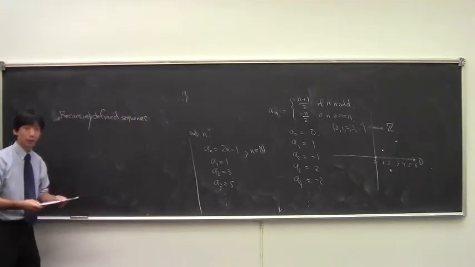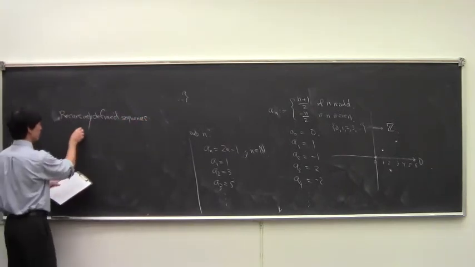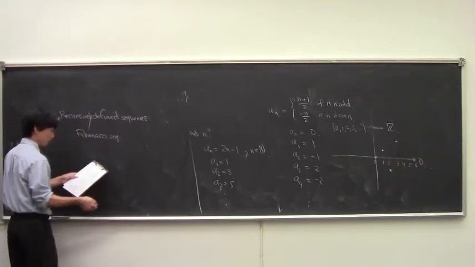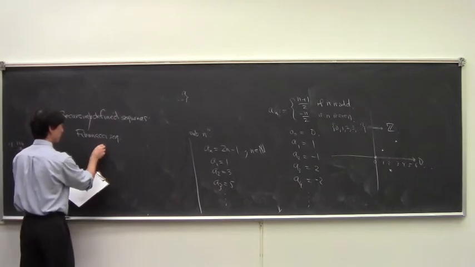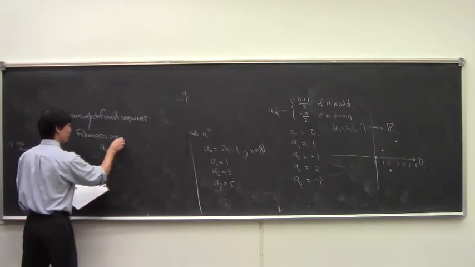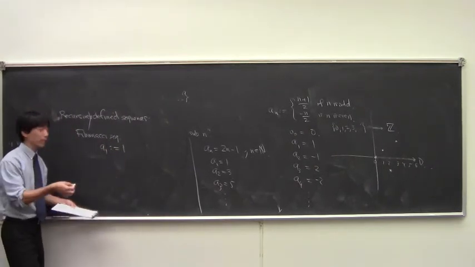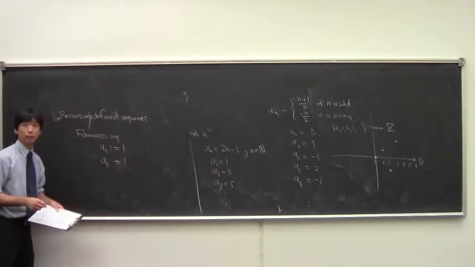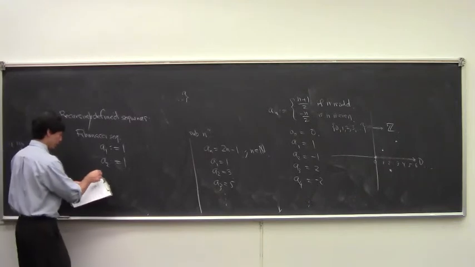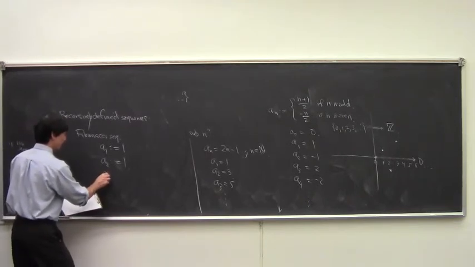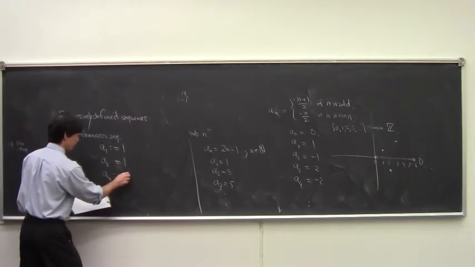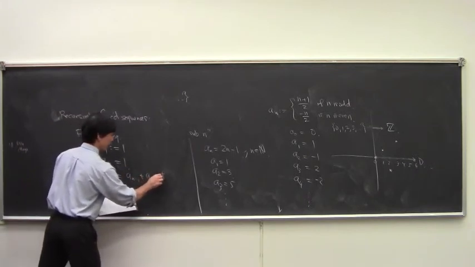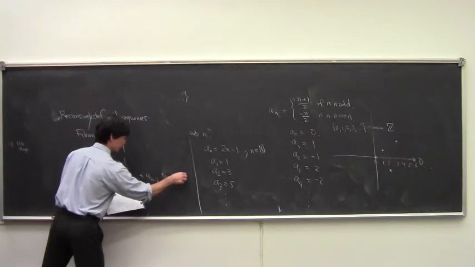It's pretty simple. I'll just give you an example. This is the famous Fibonacci sequence, which is defined like this. You say A1 is 1. You define it. A2 is also defined to be 1. Then A n in general is A n minus 1 plus A n minus 2 whenever n is bigger than 2.